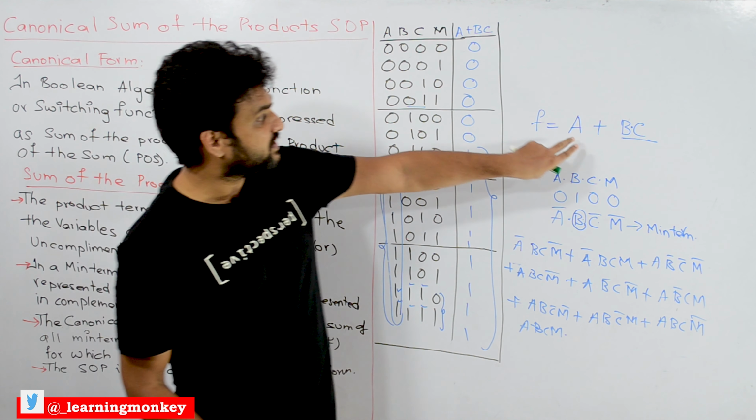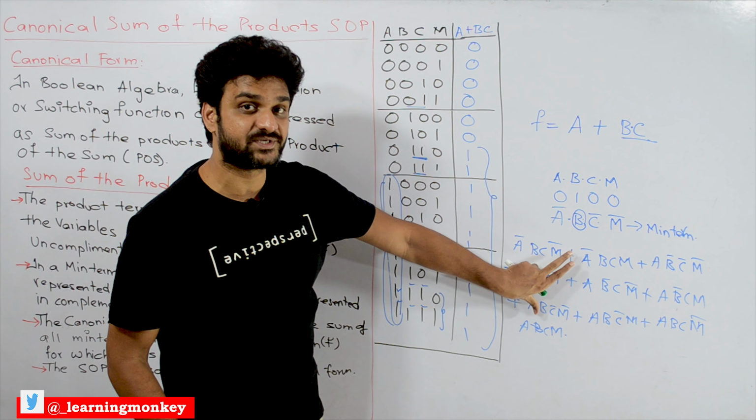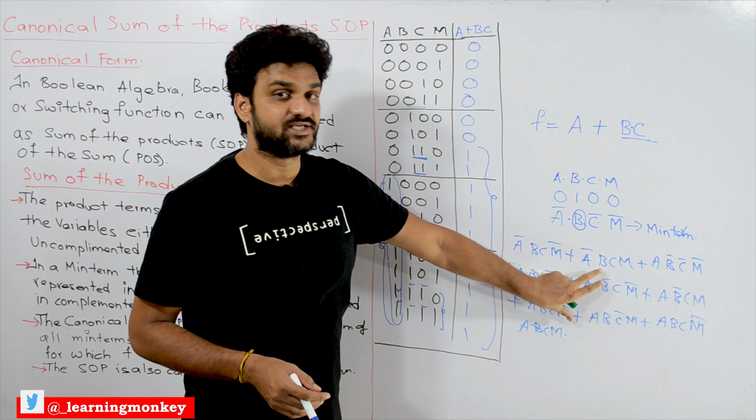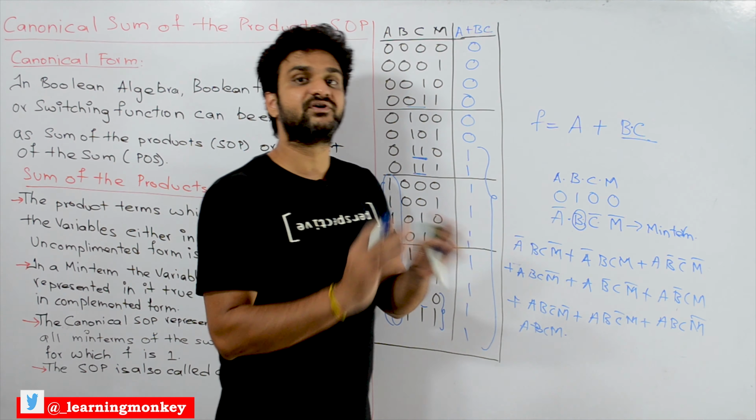So this is what we call the canonical representation. So this switching function can be represented in this way. Either of the ways will work.